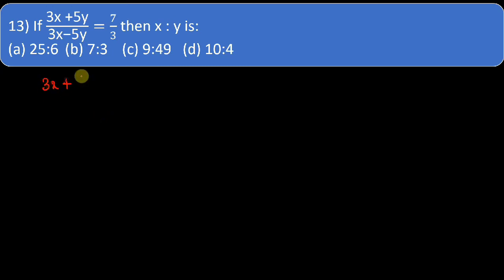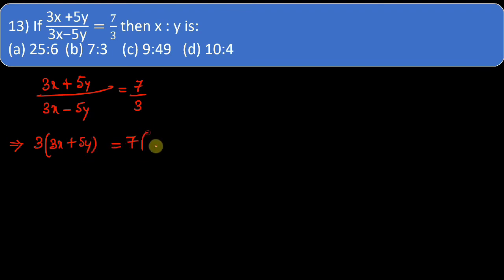See here, 3x plus 5y by 3x minus 5y, which is equal to 7 by 3. Just cross multiply. What do we get by cross multiplying? 3 into 3x plus 5y, similarly 7 into 3x minus 5y. 3 threes are 9x plus 3 fives are 15y, which is equal to 7 threes are 21x minus 7 fives are 35y.